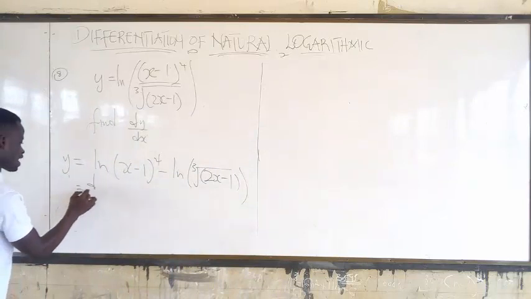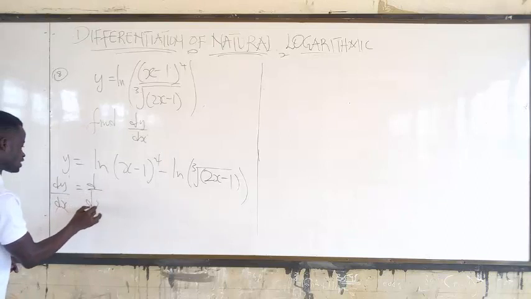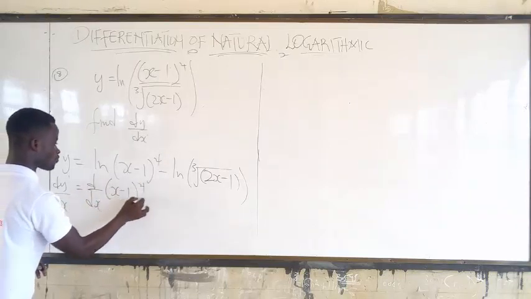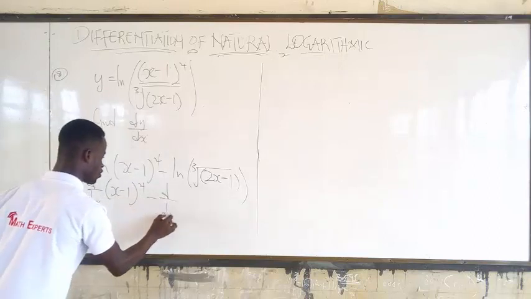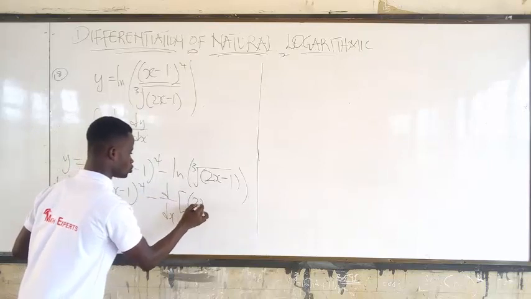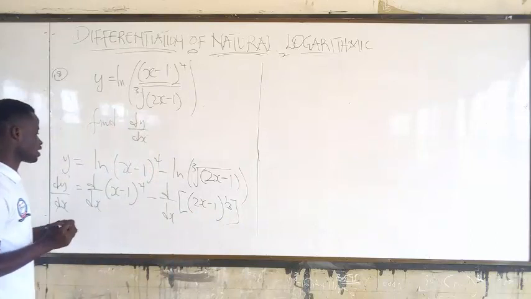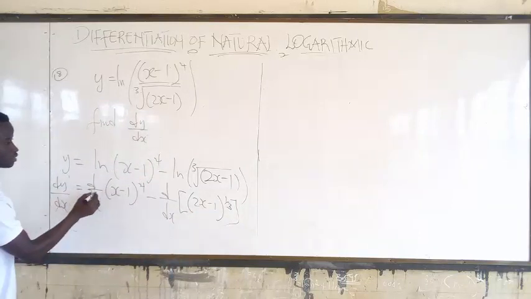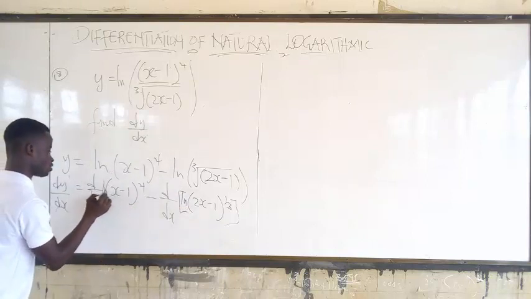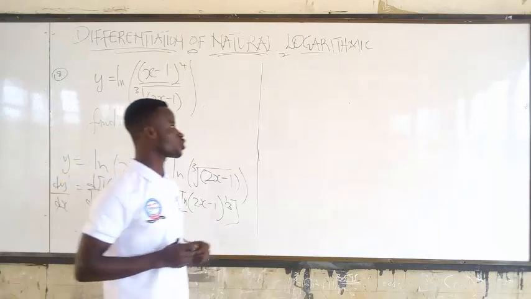So dy/dx is going to be you taking the derivative of ln (x minus 1) to the power 4, minus the derivative of ln (2x minus 1) to the power 1 over 3. This is something that you know already.